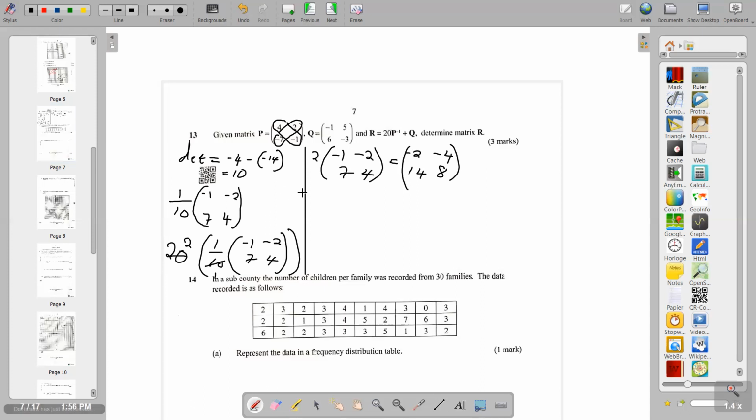Now, turn to add Q. So that is -2, -4, 14, 8 plus Q, which is -1, 5, 6, -3.